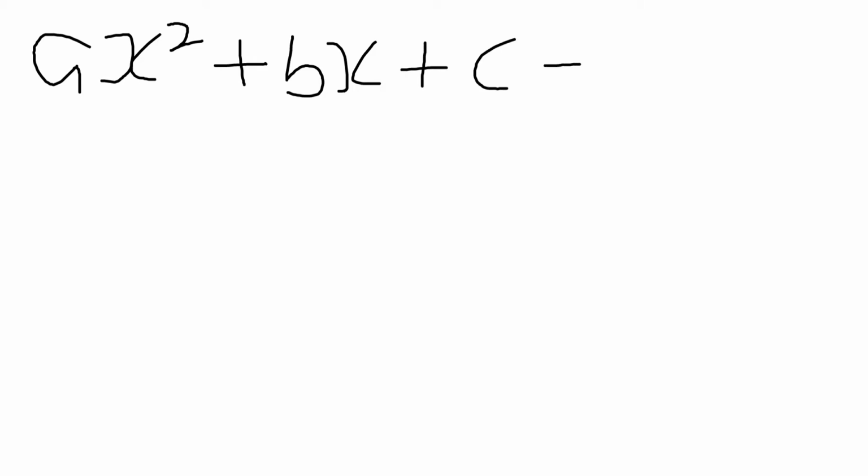Hello guys, in this video you will learn how to solve quadratic equations using the factorization method. So when you have an equation ax squared plus bx plus c equals 0, where your a is not 0, then you call it a quadratic equation.